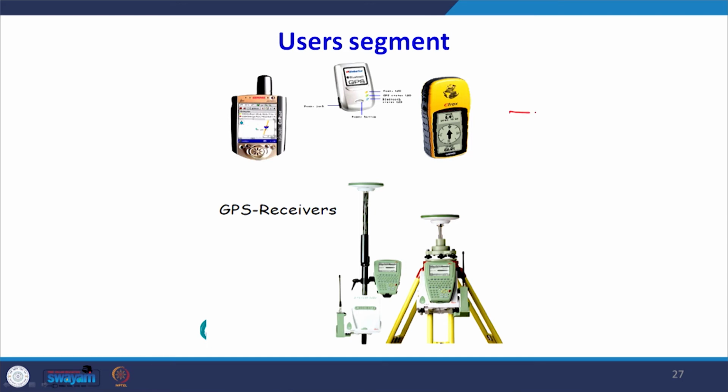As I told you, there are different types of receivers available in the market, from lightweight handheld receivers to the geodetic kind of receivers, very costly, sophisticated. The handheld will not give you very high accuracy, and geodetic receivers are used for very high accuracy work.